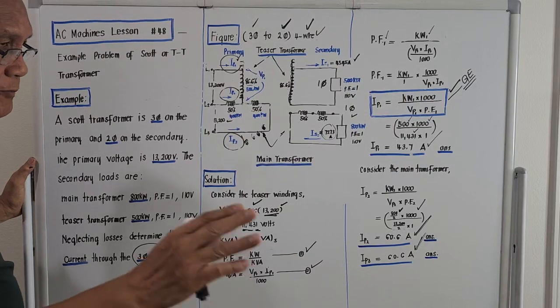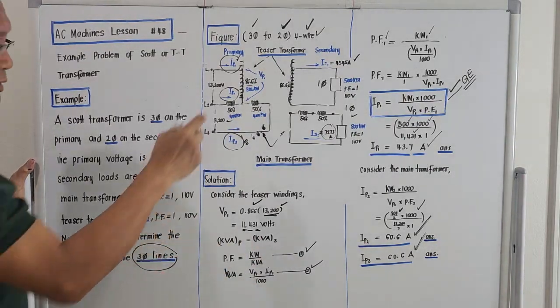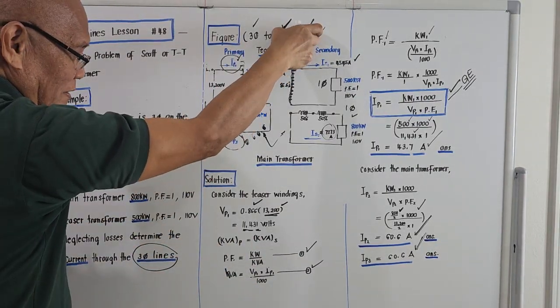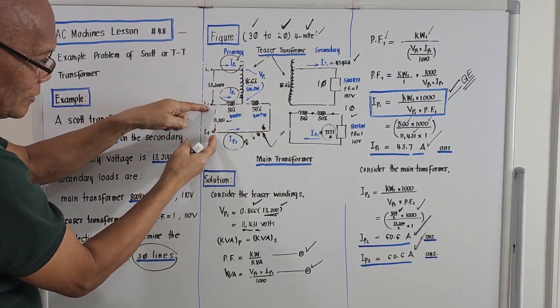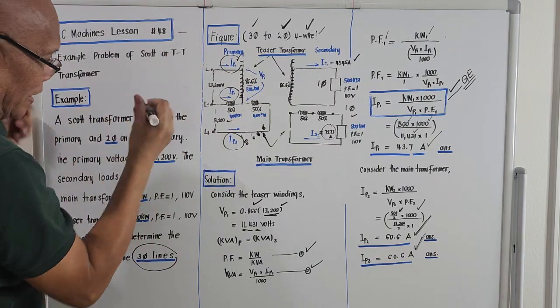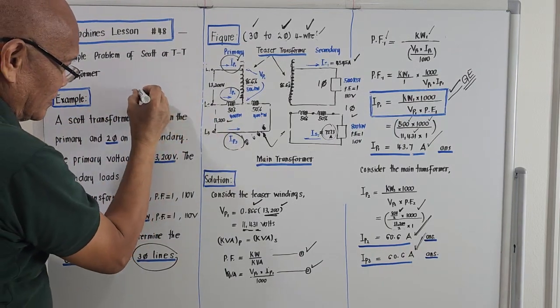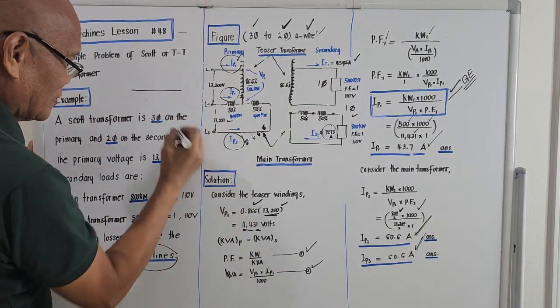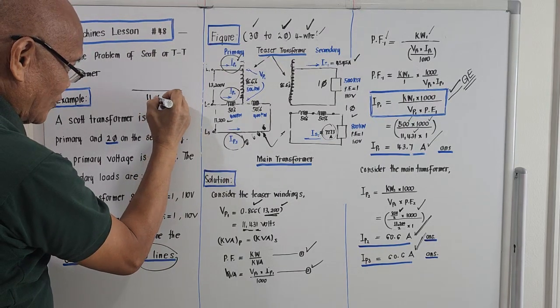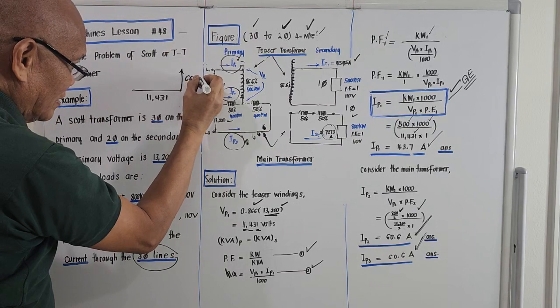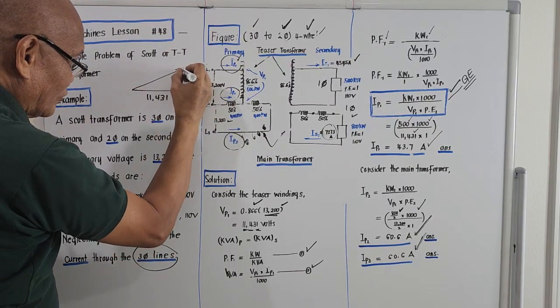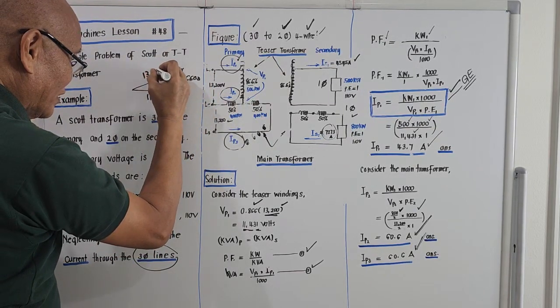For the meantime, the given example is a conversion from 3-phase to 2-phase. 13,200, 13,200, 13,200. And the proof of this is that this one here is 11,431 and this one is 6,600. If we take the vector sum, this should be 13,200.